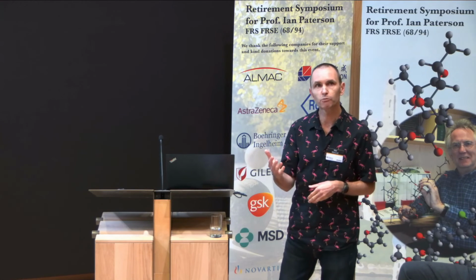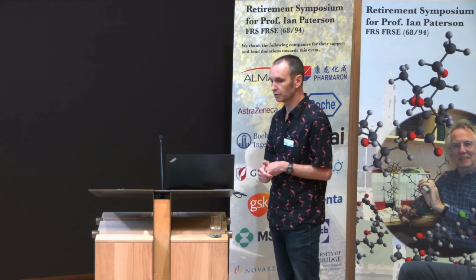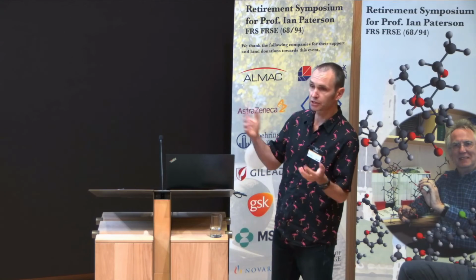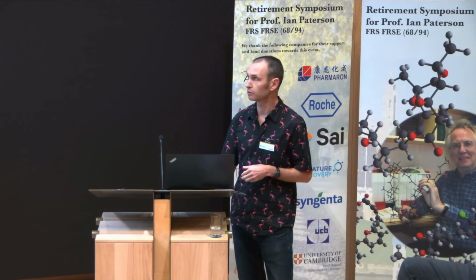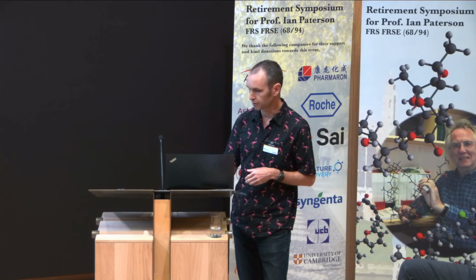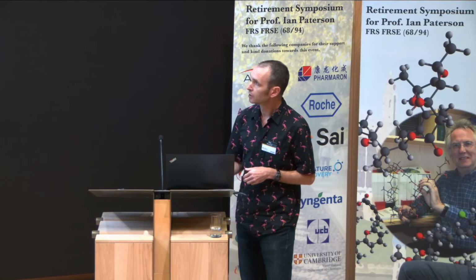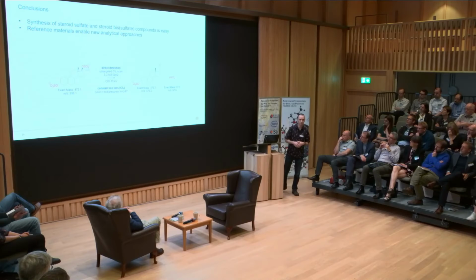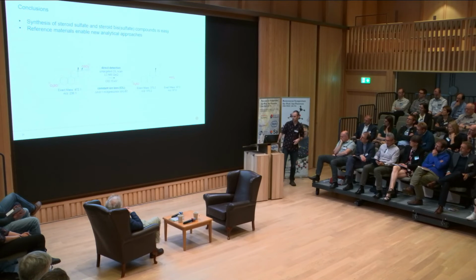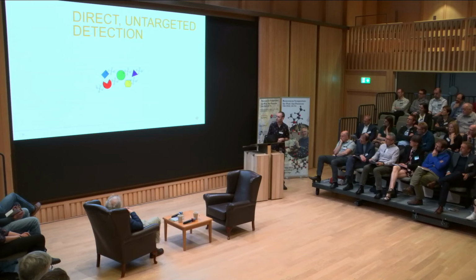We studied four related conditions in this manner, and the bisulfates turn out to work in all of them for detecting these problems. So in conclusion, synthesis of sulfated things is pretty easy, but because you can do that, you can develop new mass spectrometry tools and advance things like diagnostic applications.